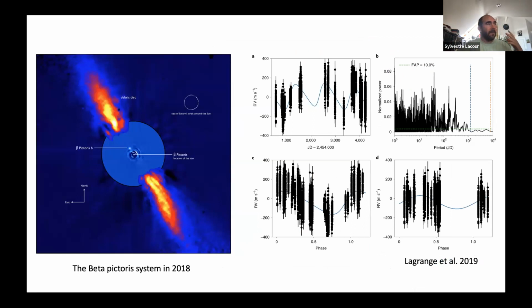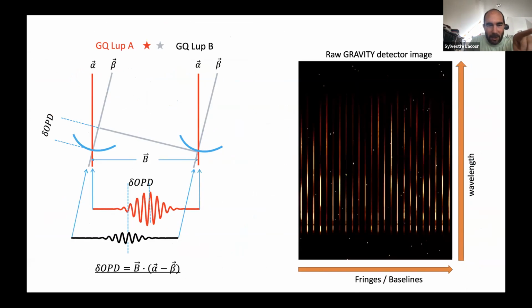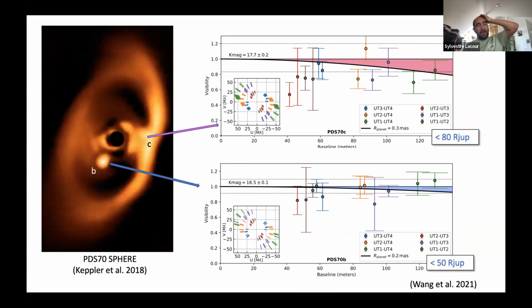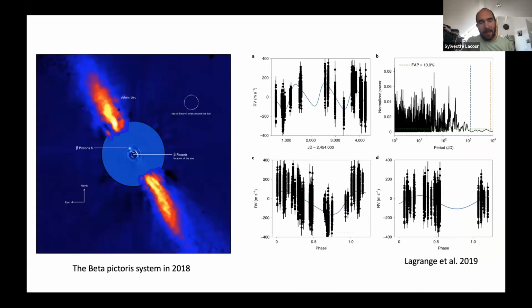So the third topic that we faced with the team is how to look for unknown planets. I said in my first slide, it's here. Well, let's not get back to it. With GRAVITY, we have the sensitivity to observe exoplanets which are not seen by instruments like SPHERE or GPI.